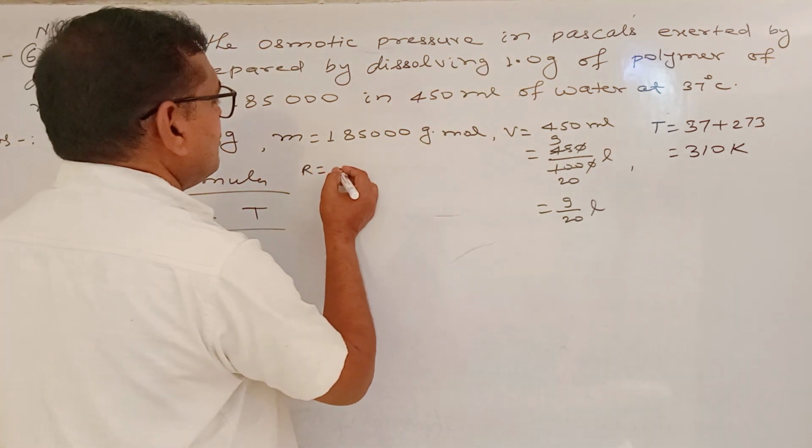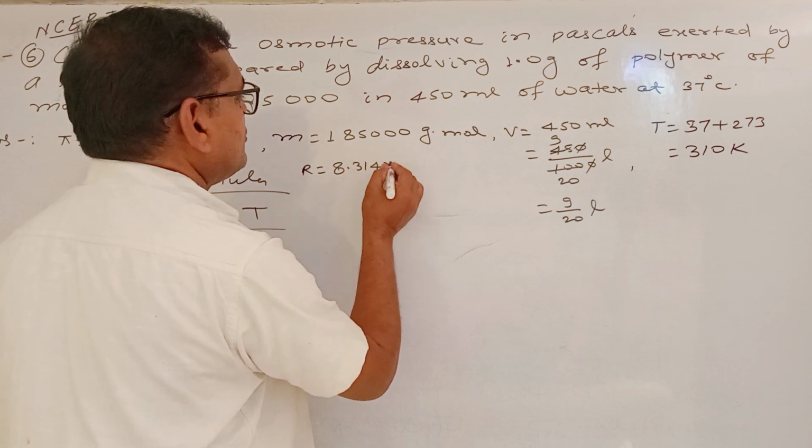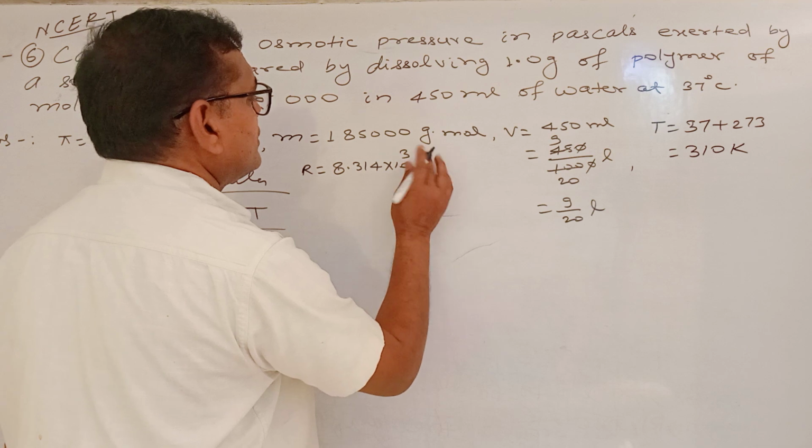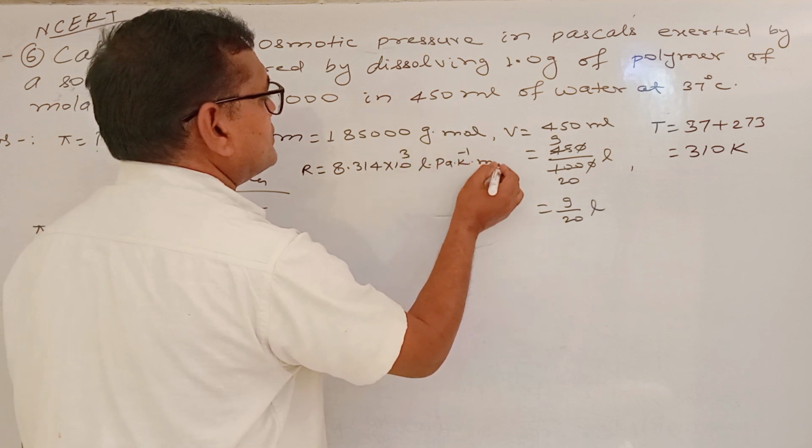The value of R in Pascal is 8.314 into 10 to the power 3 liter Pascal Kelvin inverse mole inverse.